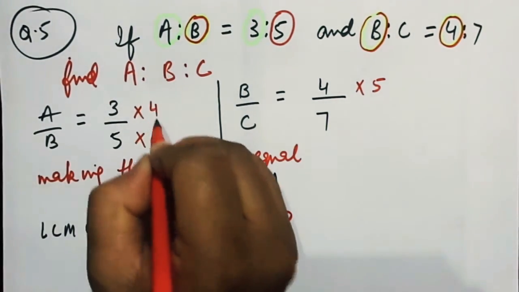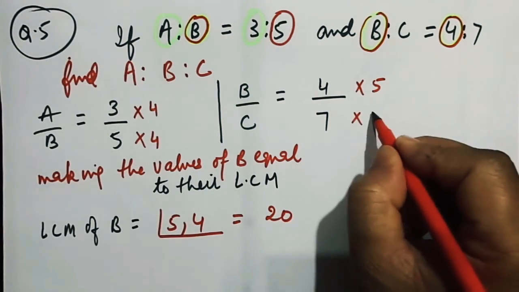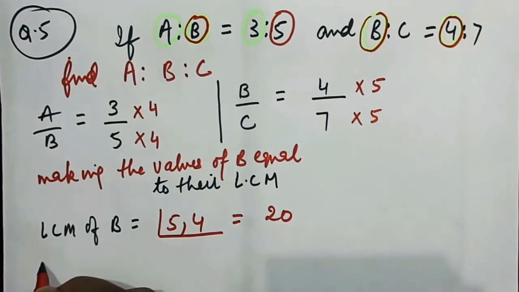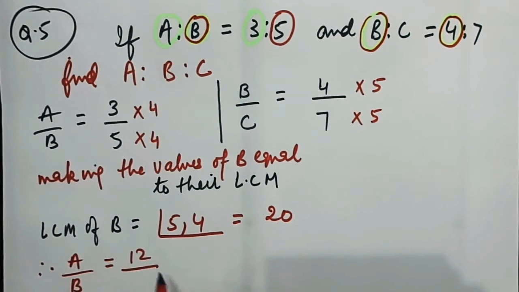I have to multiply by 4 over here and by 5 over here. Therefore A by B will be equal to 4 3s are 12 by 20.